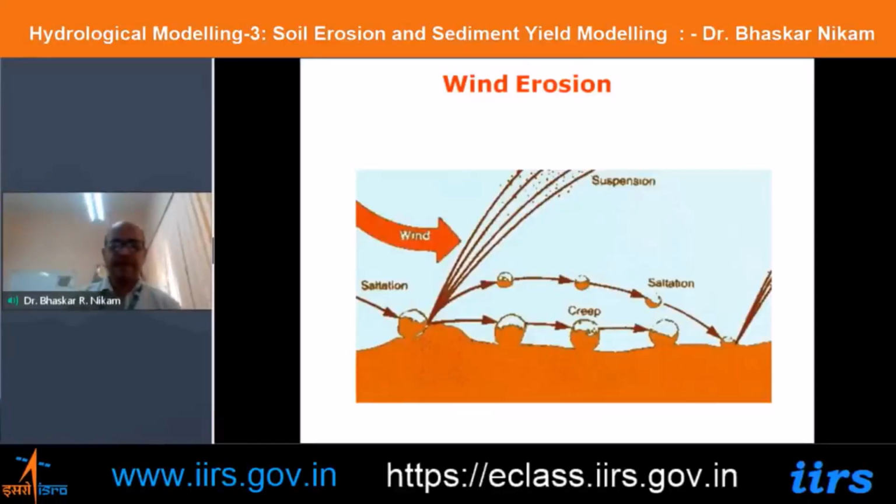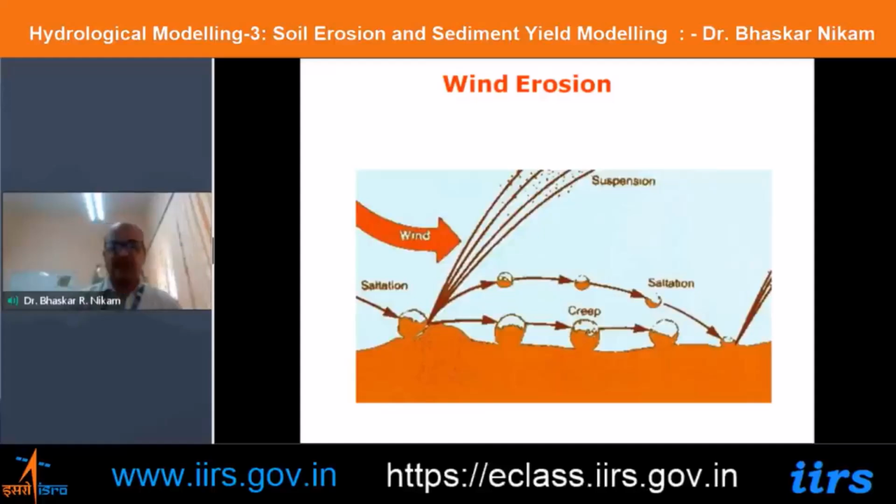But I have kept a few slides to make you understand different kinds of erosion that happen due to wind. The erosion of soil that happens due to wind as an agent can be categorized dominantly in three classes: suspension, saltation, and creep.